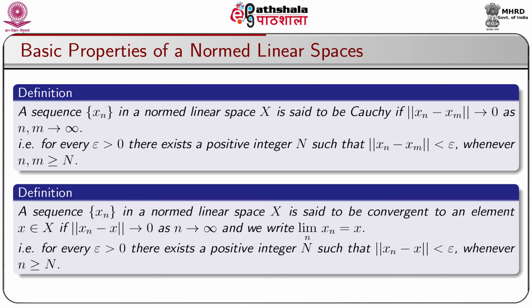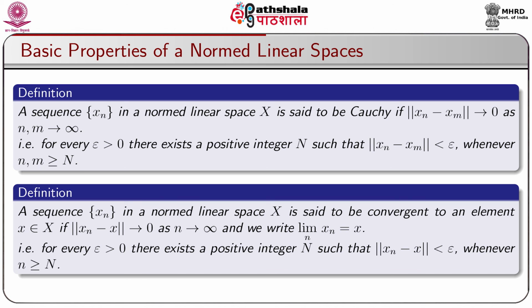So, in a normed linear space, the equivalent concept of Cauchyness is that for every epsilon greater than 0, there exists a positive integer N such that norm of xn minus xm is less than epsilon whenever n, m are greater than or equal to N.